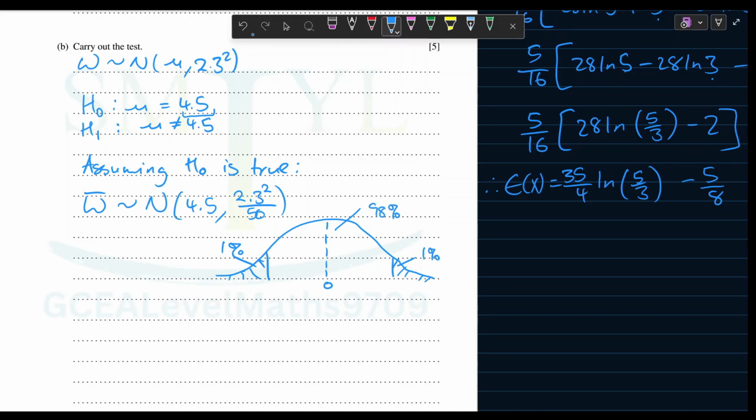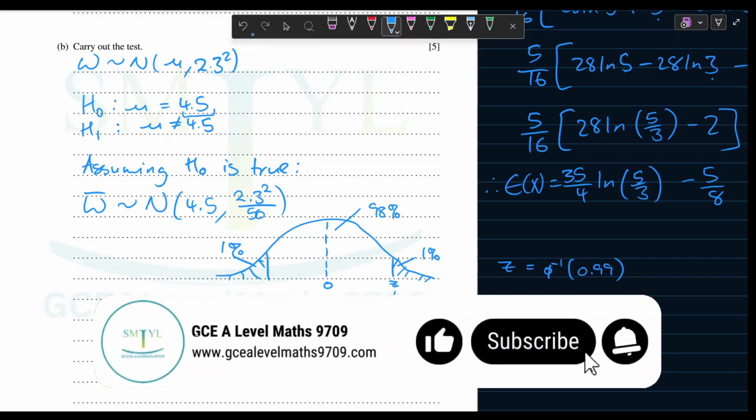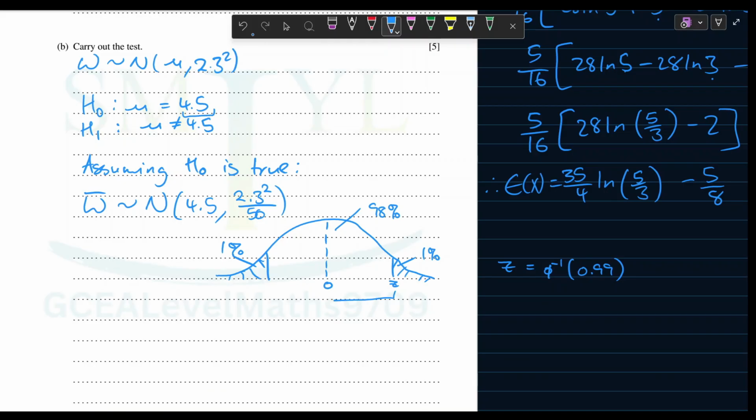All right. So our Z value for our critical region is going to be the inverse phi of, if this is Z, then the area to the left of Z is 99%. So we want the Z value at a probability of 0.99. That Z value is 2.326.